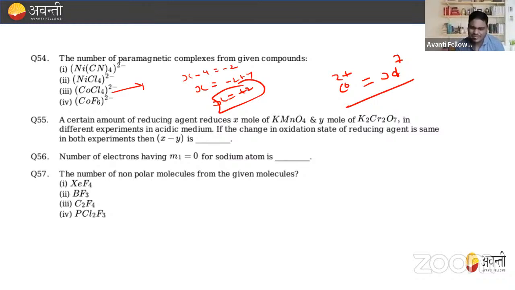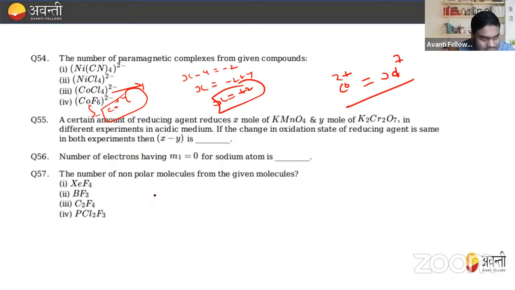Whenever weak ligands are present, the complex is paramagnetic. Here the oxidation state is 2, not +4, so as the oxidation number increases, this is also not possible. NiCN4 is dsp2 hybridized and it is diamagnetic because of the strong ligand. Whenever a strong ligand is present, they are always diamagnetic in nature.